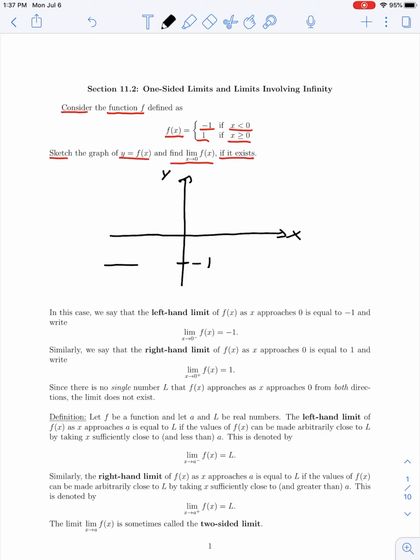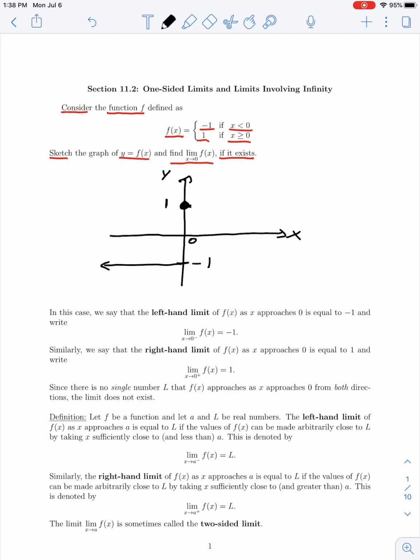So for all negative values of x, we have a constant y value of -1. And when x is equal to 0, the value of our function changes from -1 to +1.